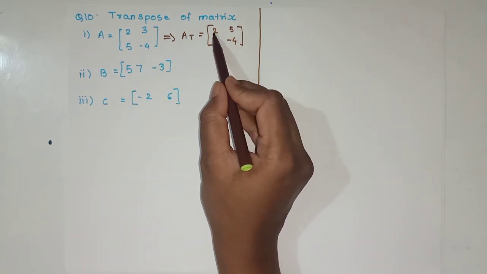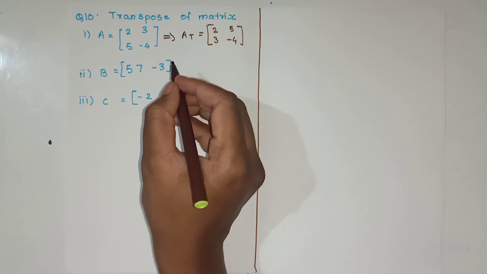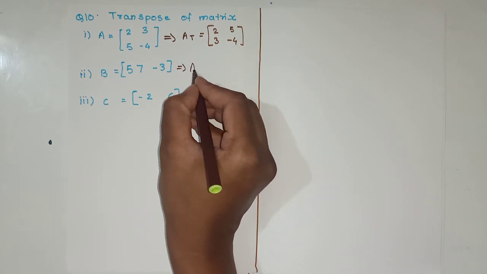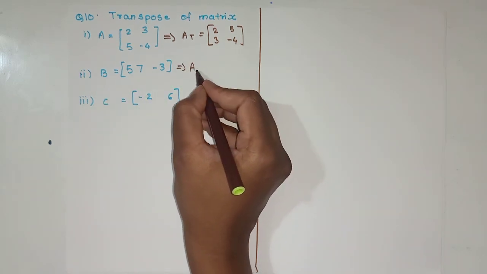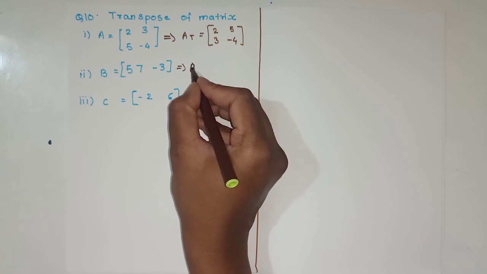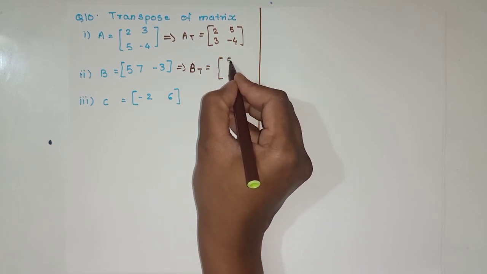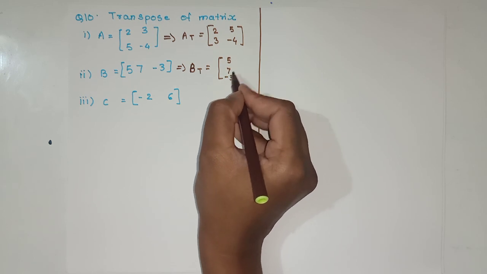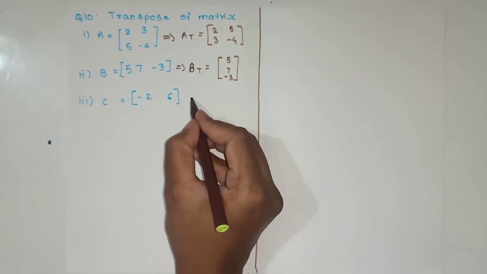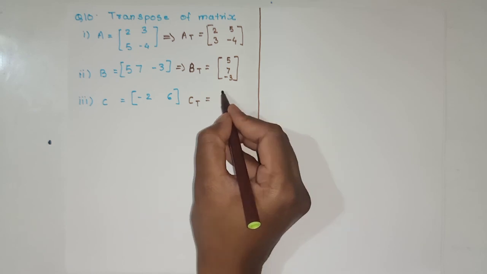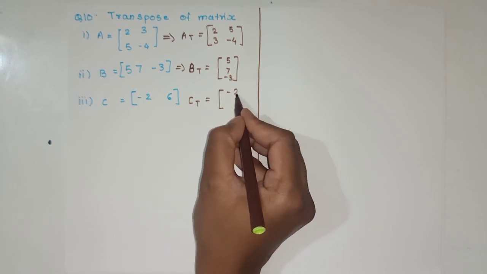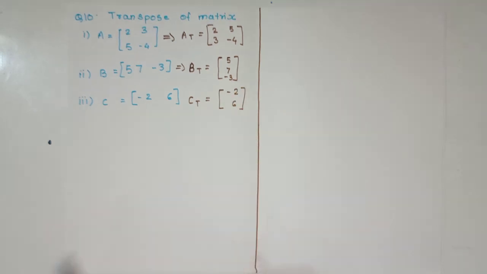So now your matrix is 2 5, 3 and minus 4. Same way, transpose of this matrix will be 5 7 minus 3. Transpose of this C matrix will be minus 2 and 6. So here we finish with this our first exercise.